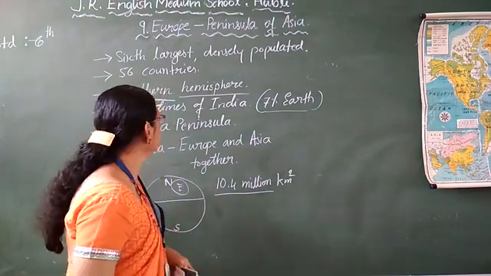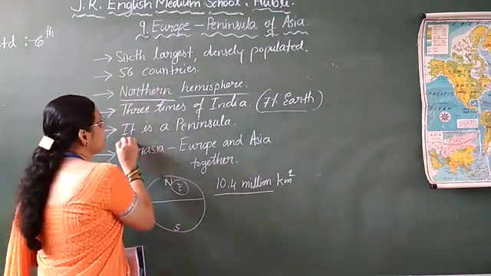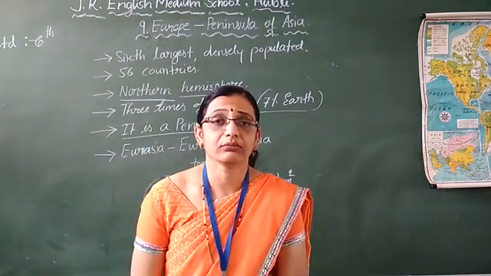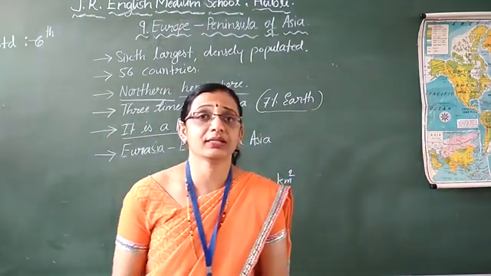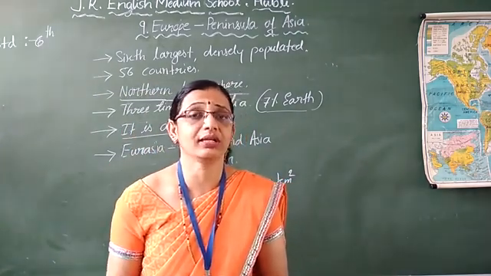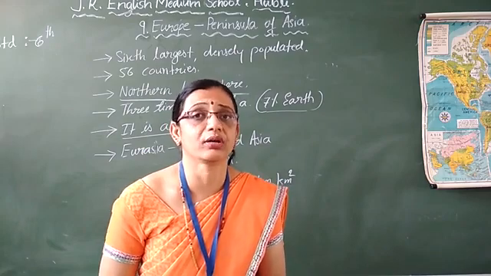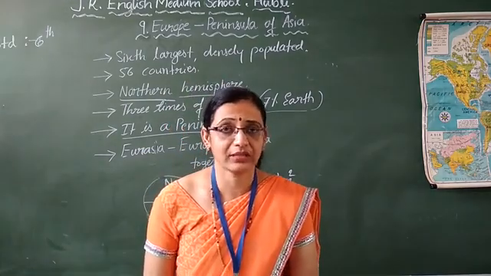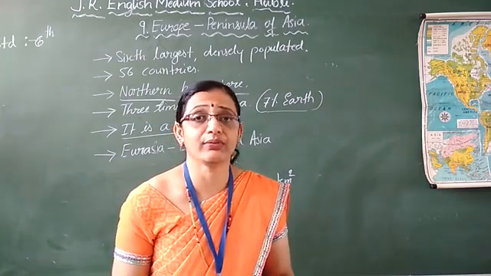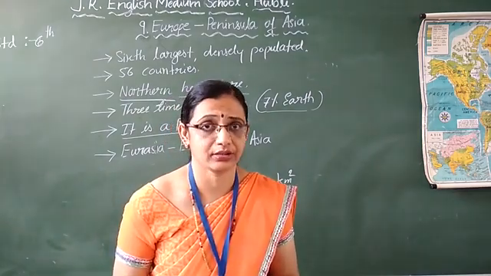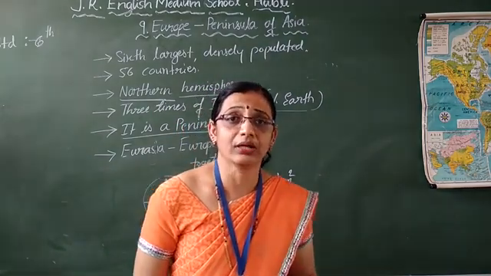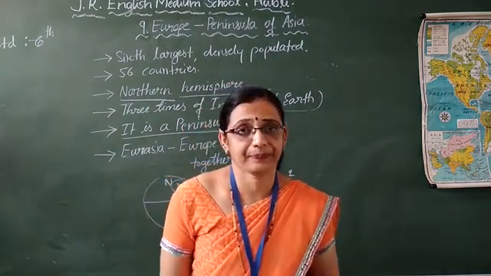Density means thickly populated. Europe is a peninsula, children. What is a peninsula? If land is covered by water bodies on 3 sides and only one side has land, that is called a peninsula. Once again I repeat: if land is covered by water bodies on 3 sides and only one side is land, that land is called a peninsula.